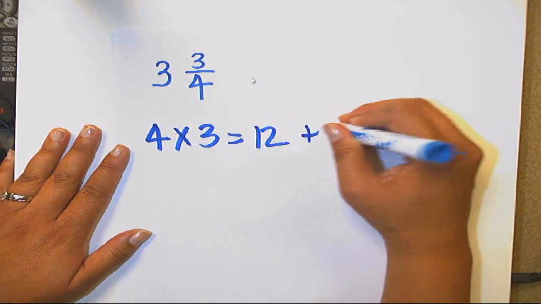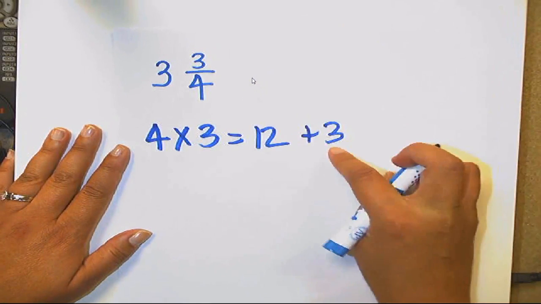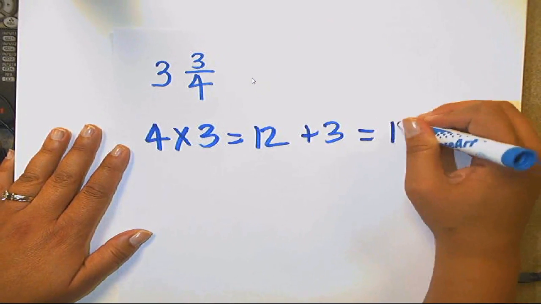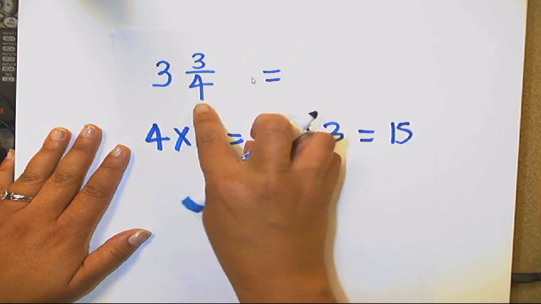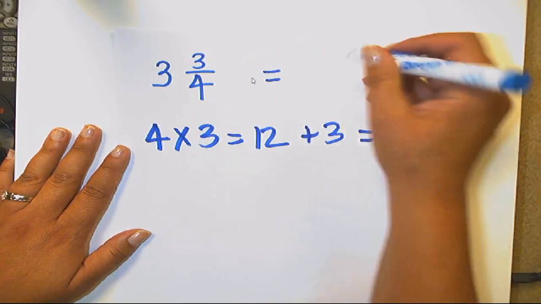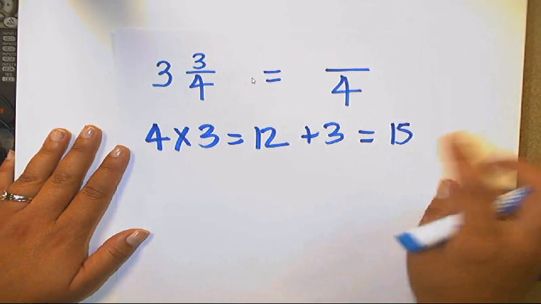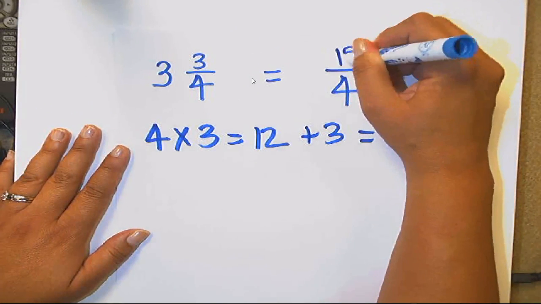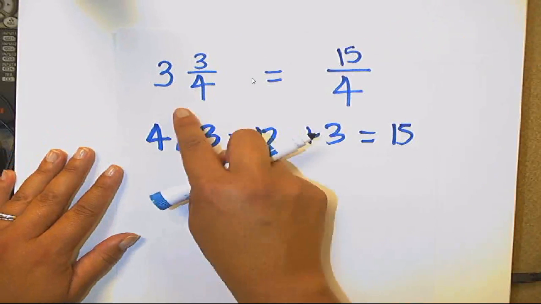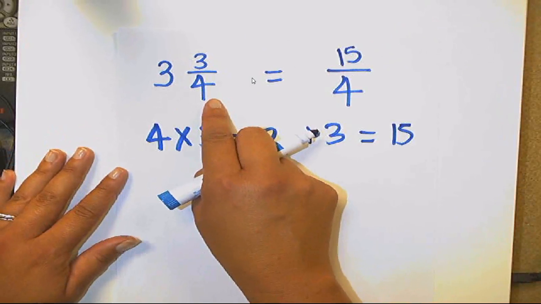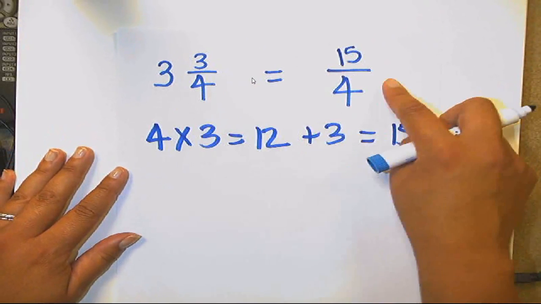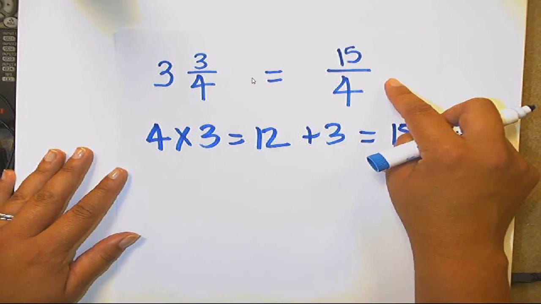I'm going to add my numerator, which is 3, and I get 15. My denominator is not going to change. I'm bringing it over here, and my new numerator is 15. So when I take 3 3/4 and turn it into an improper fraction, my answer is 15/4.